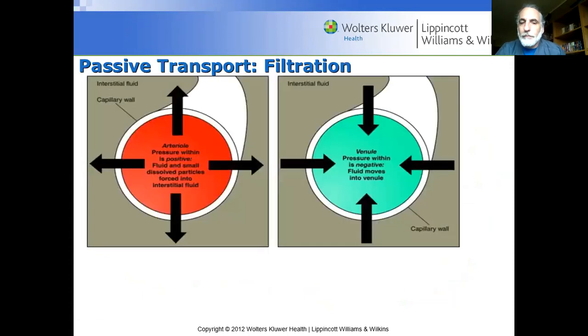Filtration. Now we're going to start getting into some vascular goodies here. So here we have two ends of the same capillary. On the arterial side over here, the arteriole, the small arteries, turn into capillaries, and then they become venules.